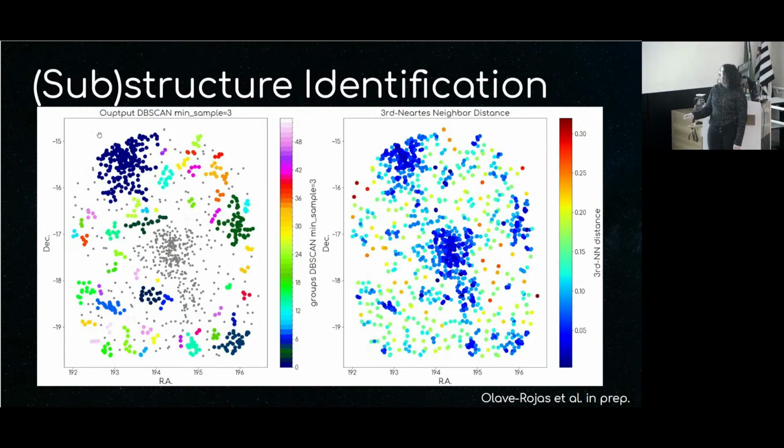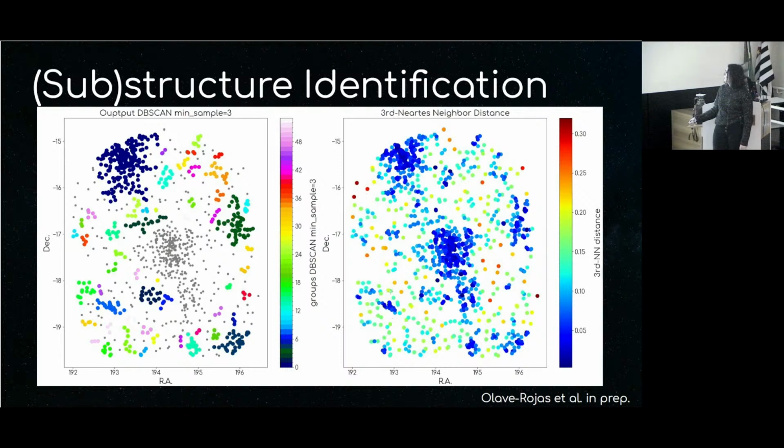Interestingly, in this case, this big substructure corresponds to another cluster that is merging with this cluster. And in this case, you can see that the blue colors correspond to a small distance from each galaxy to its 3 neighboring galaxies.